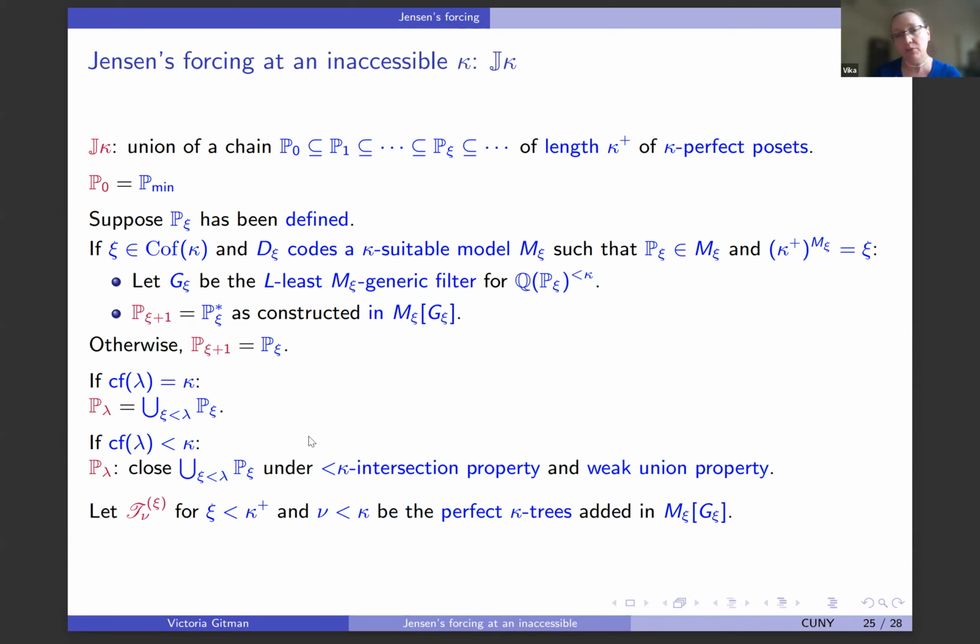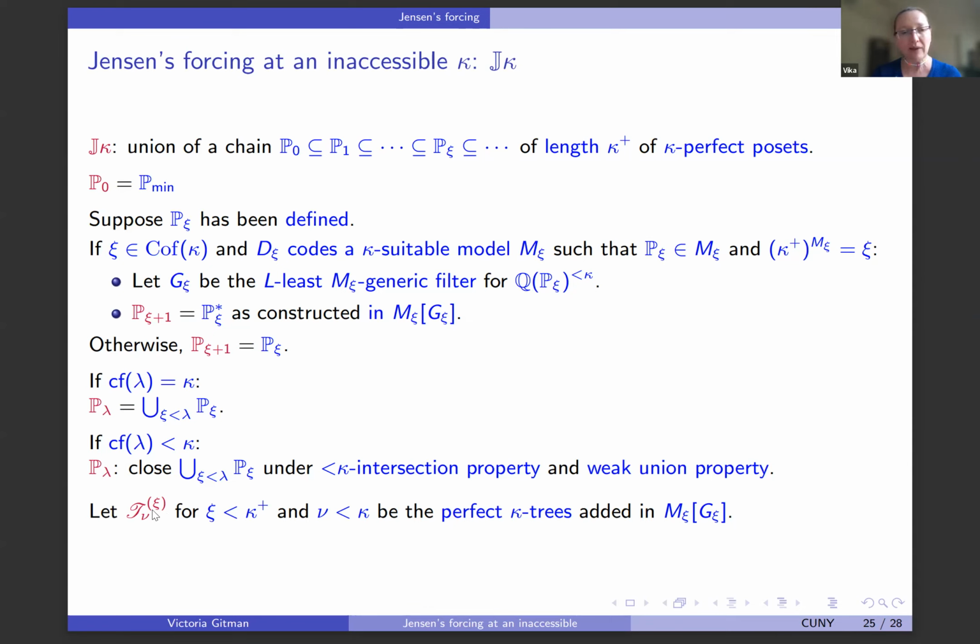I didn't expect it to be the case, but everything does work out, even though it seems that you're doing these extra closure steps. Okay, so for the next slide, we are doing this for kappa plus many stages, and in each of the good stages given by the diamond sequence, we add all of these generic trees.